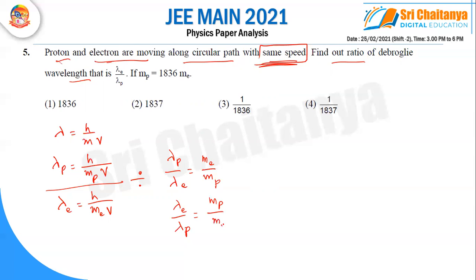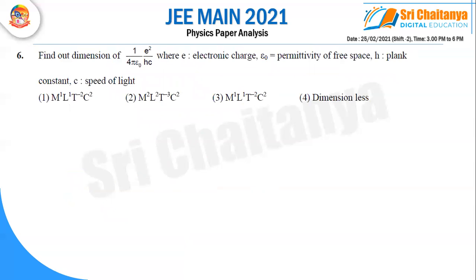The proton mass is 1837 times, precisely 1836 times, the electron mass. So this will be the option. We'll move on to the next question.